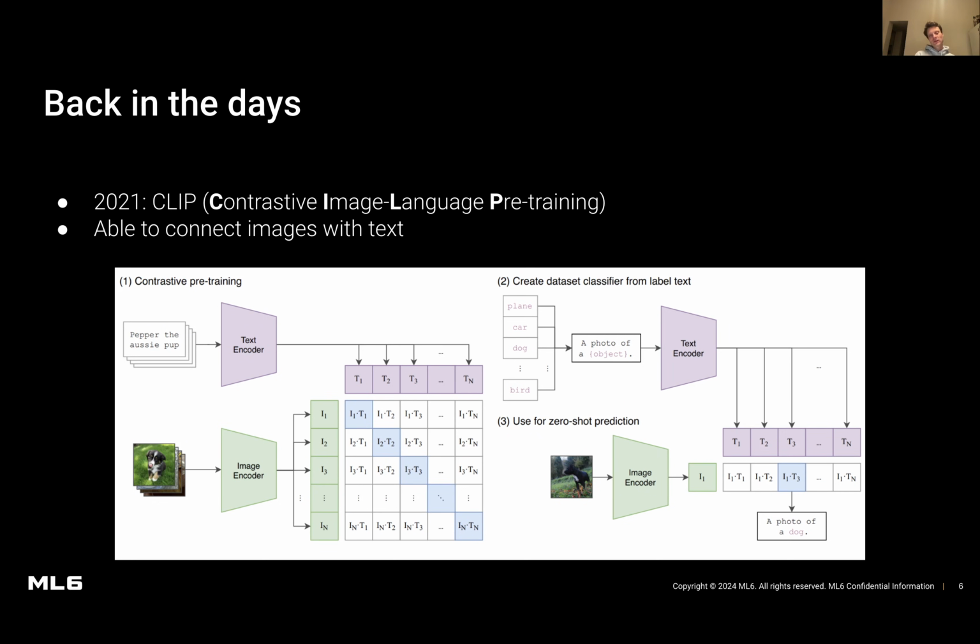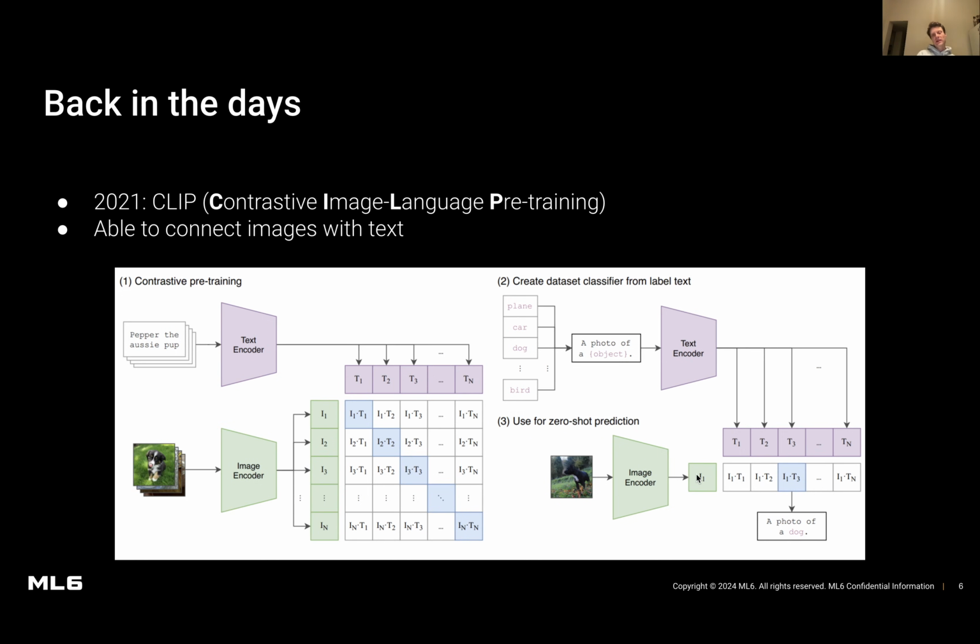And so if you do that on a massive amount of data, on a massive amount of image text pairs, you get very powerful image and text encoders, because in that case what you can do is called zero-shot classification or zero-shot prediction. So what you can do, for instance, if you have this image over here, you could simply forward that image through the pre-trained image encoder to obtain the embedding.